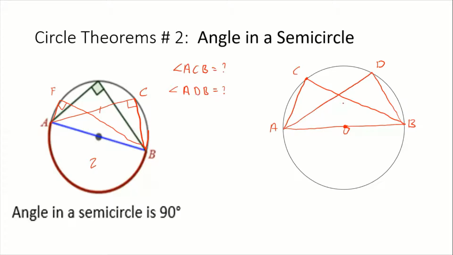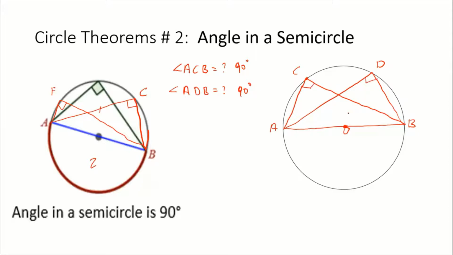Right? Then all you would say is that these angles are equal to 90 degrees. And the reason for this is angle in a semicircle is 90 degrees. So that would be your justification for this. So this angle has to have a measure of 90 degrees, right?